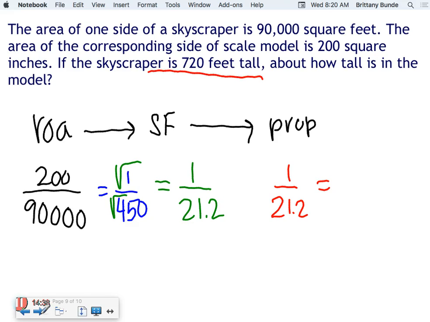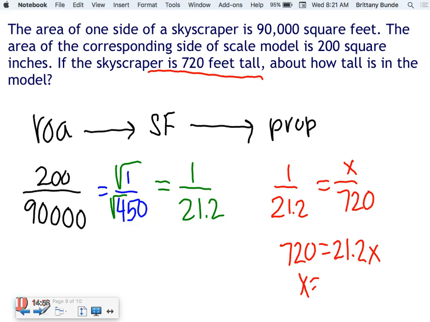So x over 720 or 720 over x? X over 720. Beautiful. So 720 equals 21.2x. 34. 34 inches. Working. Nice job.